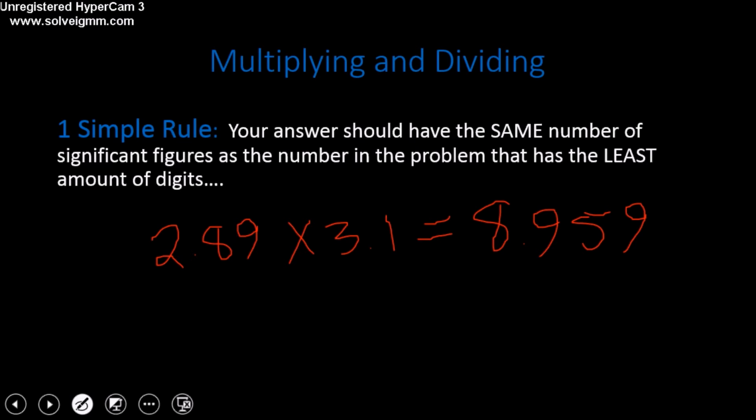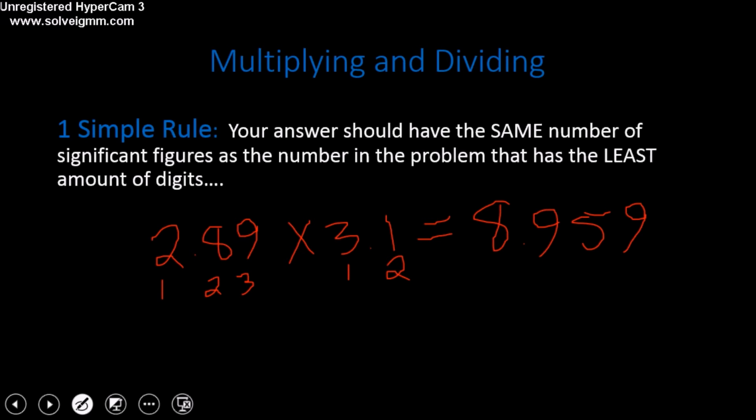And the obvious answer to this question would be no. What you're going to do is have your answer match the number of significant figures that the number in the problem with the least amount of digits has. Now, out of these two numbers, 2.89 has 1, 2, 3 significant digits, and 3.1 has 1, 2 significant digits. So since 2 is smaller than 3, you're going to use 2 significant digits in your answer.